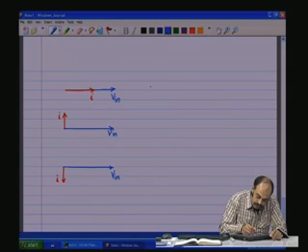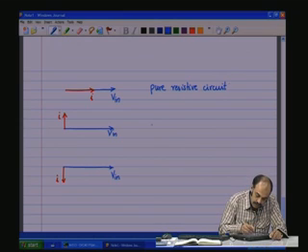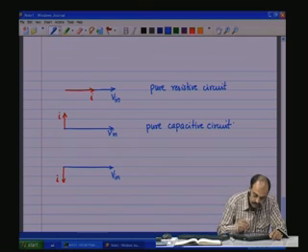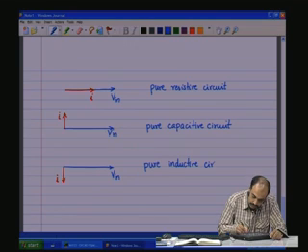So, this is for a pure resistive circuit. This is a pure capacitive circuit, and this is a pure inductive circuit.